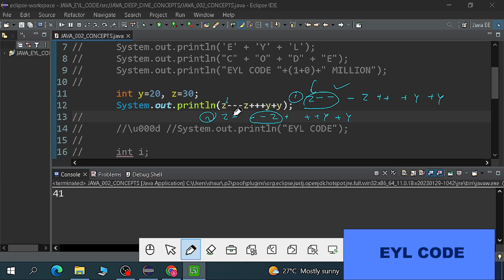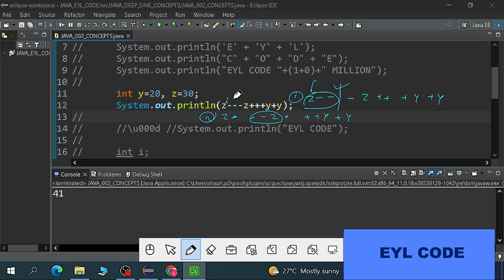So grouping starts from left to right in this case. Once the JVM finds that this entire group is valid, it is going to treat it as one group, and whatever is coming next to it is going to be part of the second group, and so on. So like this it is going to be treated.